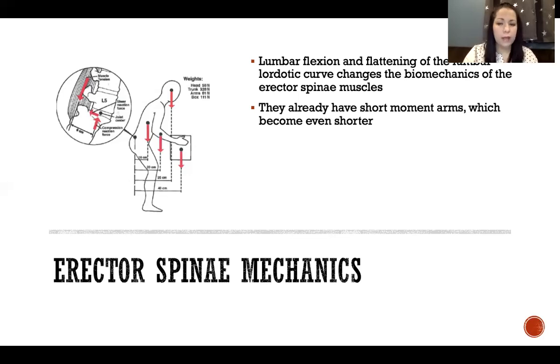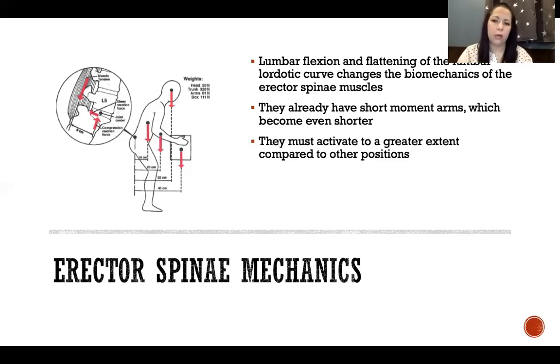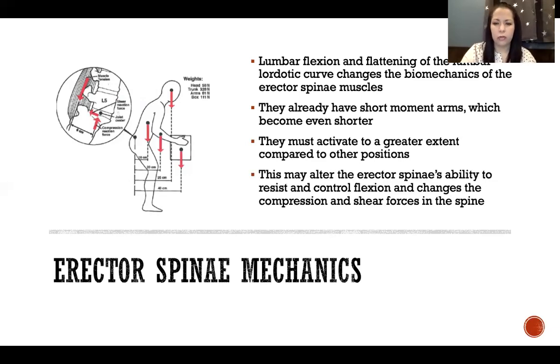So erector spinae in that situation have to contract to a greater extent to be able to produce more force to overcome the disadvantage that they have because of their shorter moment arms. So they have to activate to a greater extent during lumbar flexion and if we have a flattened lumbar lordotic curve compared to if we had a normal healthy posture or other positions where we're not in lumbar flexion.